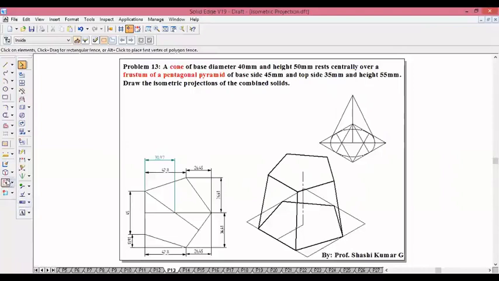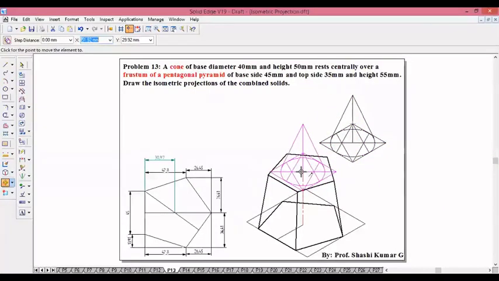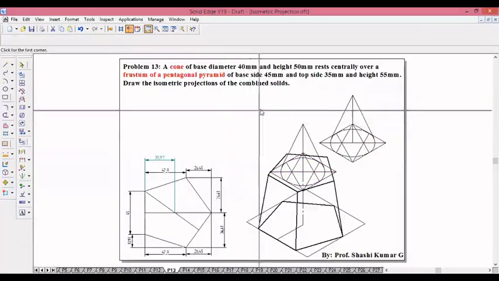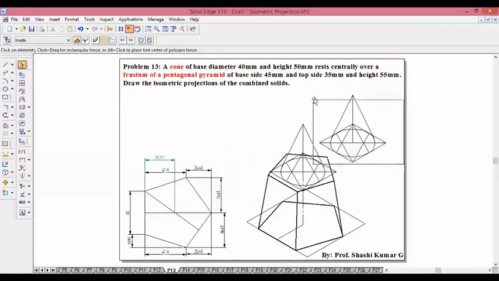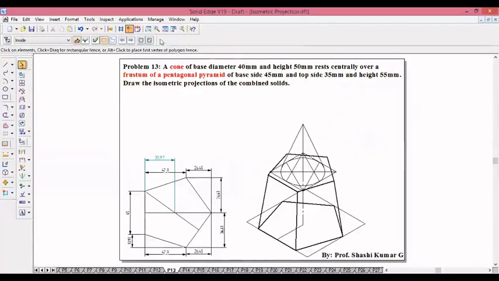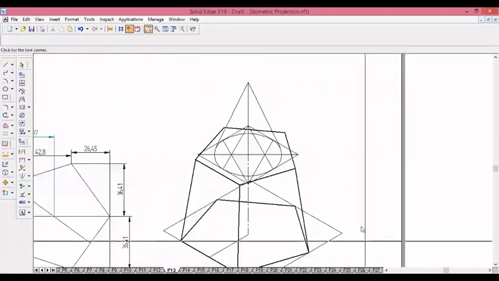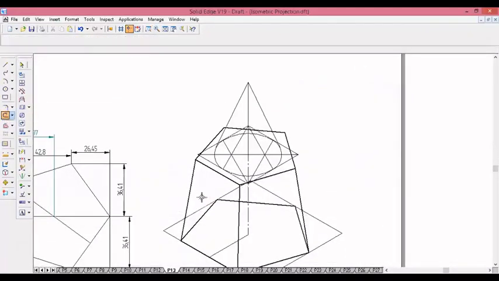Now we move this cone. Move this cone using the move command, place it exactly on the pentagonal pyramid and trim the unwanted edges. Take zoom and trim the unwanted edges.